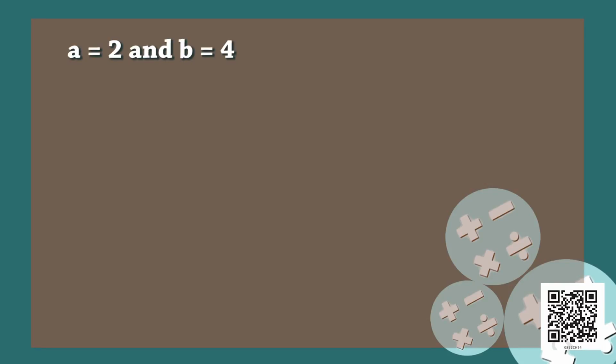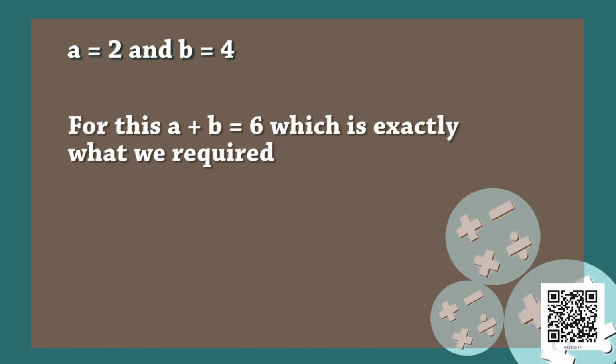Let us try by taking a is equal to 2 and b is equal to 4. Then a into b means 2 into 4 is equal to 8 and a plus b, that is 2 plus 4, is equal to 6, and that is the term we want. So this clearly holds true for the given requirement.